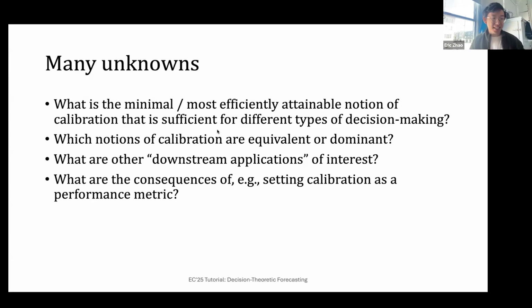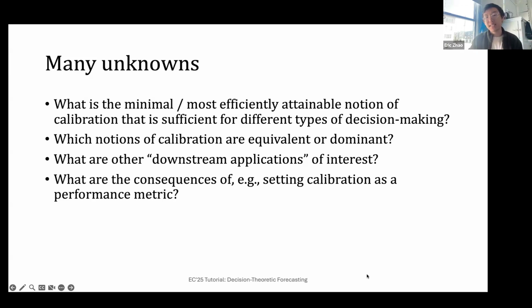Something else that is a very interesting flavor of research in this area is identifying new downstream applications that are interesting. I think omni prediction is a great example of that flavor of research that has been super impactful. And the last thing that I'll mention is that when we talk about calibration, there's also a whole zoo of interesting things that happen when calibration itself becomes an objective.